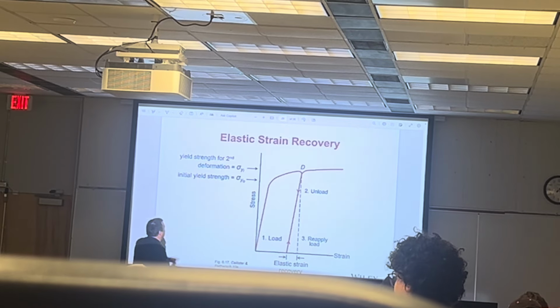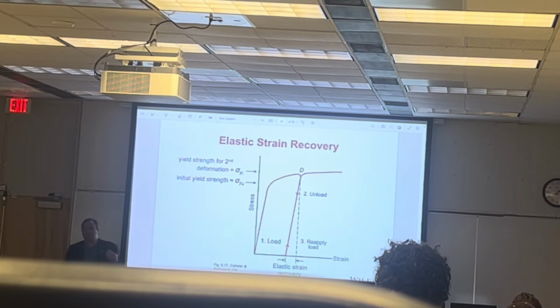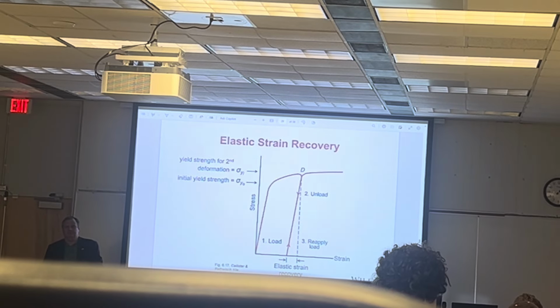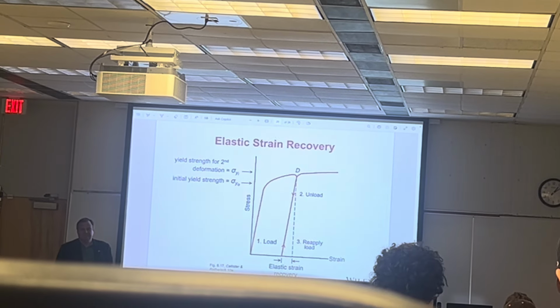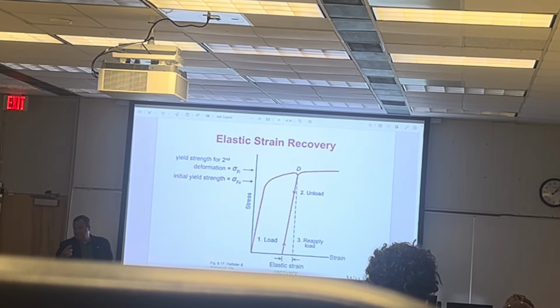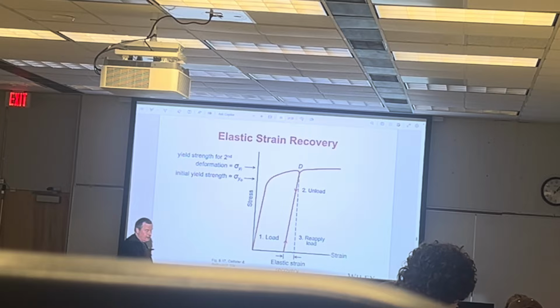So first time it goes to sigma y0, second time it goes to sigma yi. And then you can load it the third time. It will go higher. But not all materials strain harden.